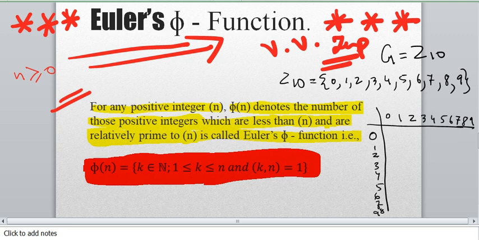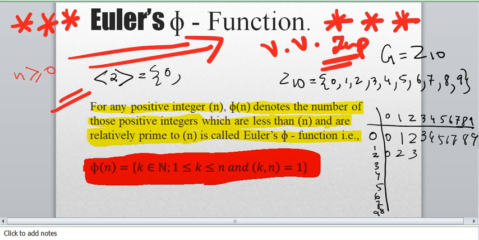I will not show you all of them, just a little bit. Let's say 0 plus 0 is 0, 0 plus 1 is 1, 0 plus 2 is 2, 0 plus 3 is 3, and so on up to 9. 1 plus 0 is 1, 1 plus 1 is 2, 2 plus 1 is 3. Now if I want to generate the group with 2, the first value I get is 0.